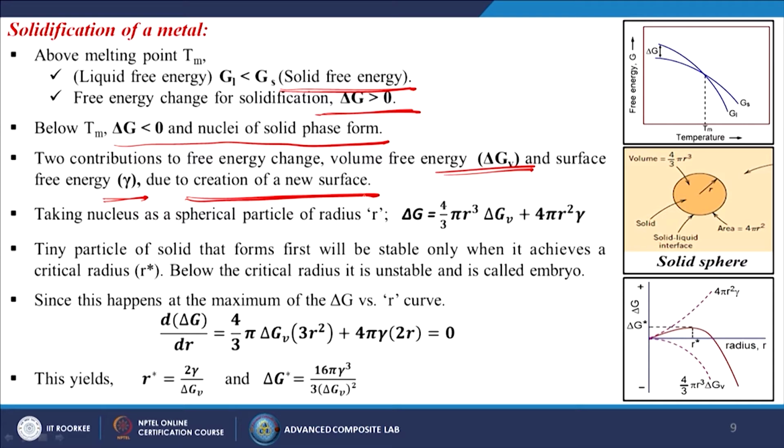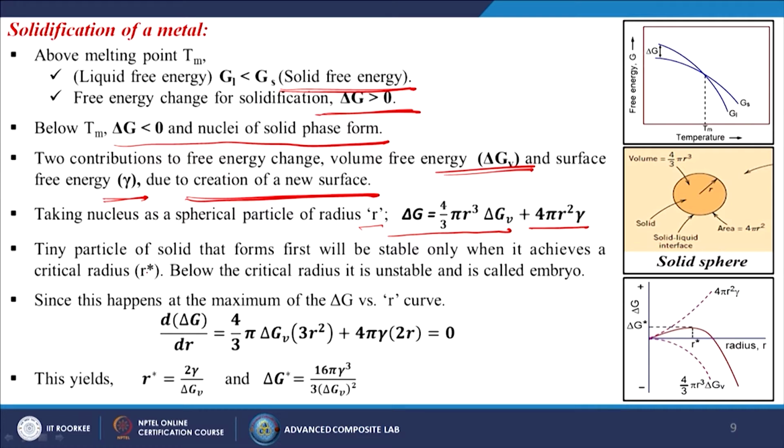Taking the nucleus as a spherical particle of radius r. So, in this particular case, the formation is taking place, nucleation has started. Suppose this is the atom and we are taking its radius as r. This is the solid liquid interface and the rest of the area is the liquid. So, del G is equal to 4 by 3 pi r cube del GV plus 4 pi r square gamma.